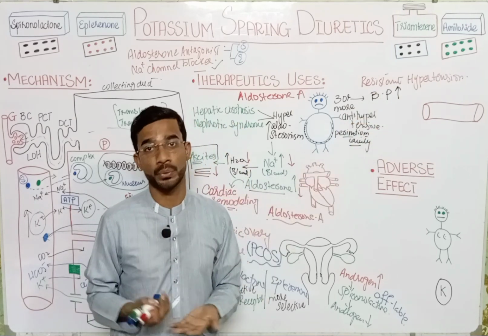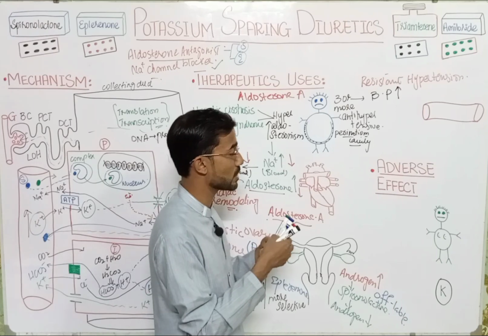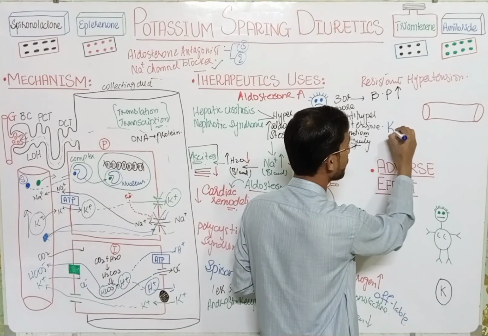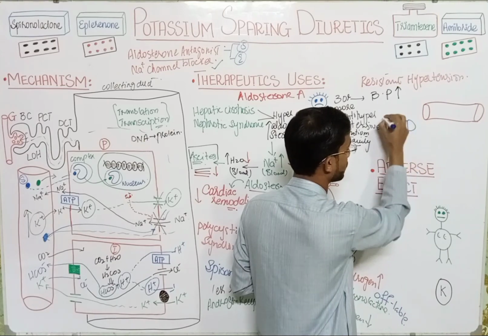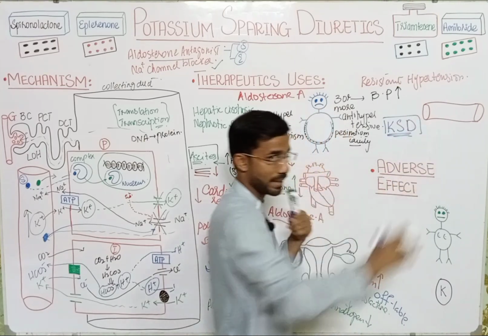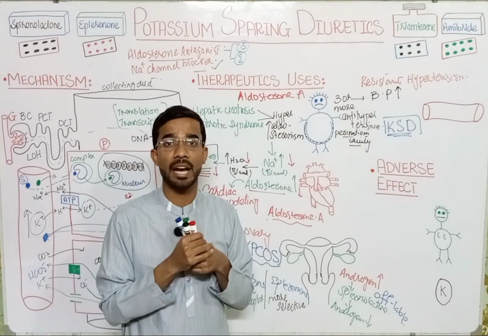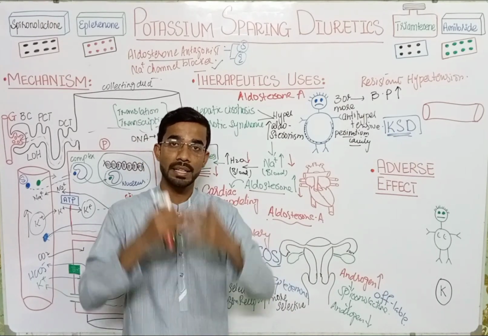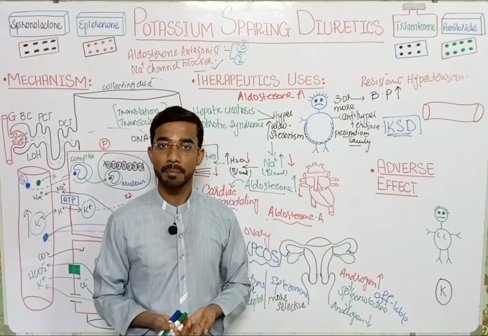Then what should we do? In that situation, we use potassium-sparing diuretics. Potassium-sparing diuretics increase the volume of the urine and decrease the volume of the blood. So urine volume increases and blood volume decreases.